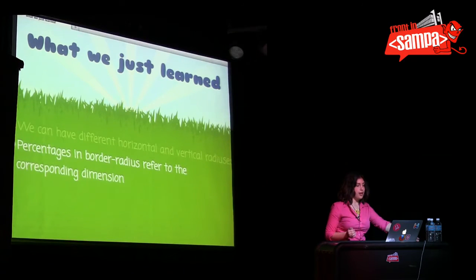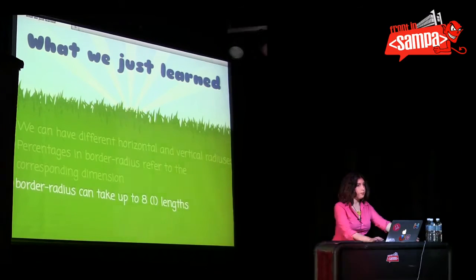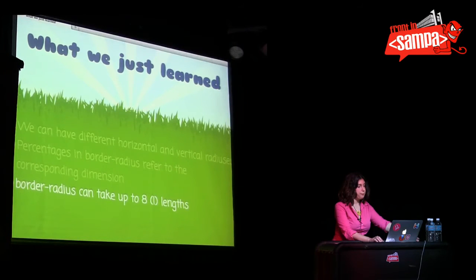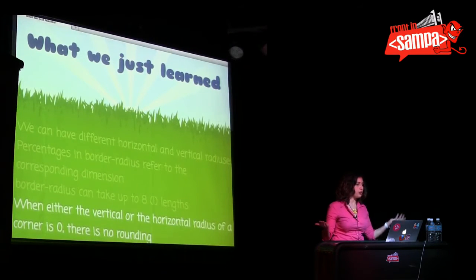Vertically, they're percentages of the height. Border radius can take up to 8 lengths if you use the full expanded form. And when either the vertical or the horizontal radius of a corner is 0, there is no rounding in either of the two. You can't have a corner that's 40 pixels horizontally and 0 vertically. How would you draw that?